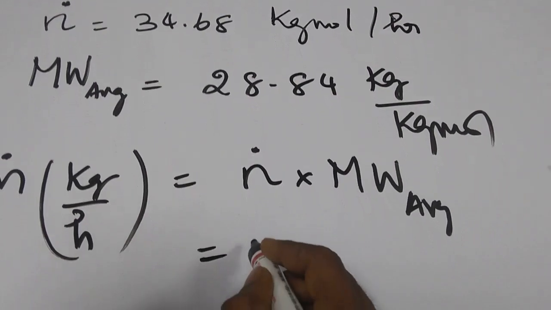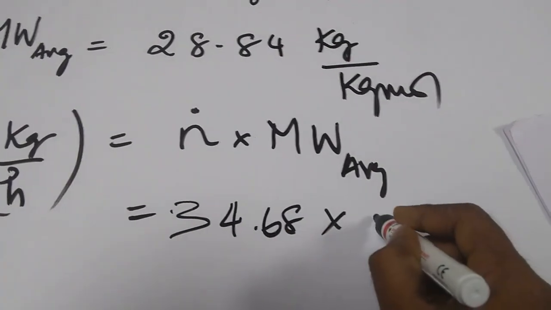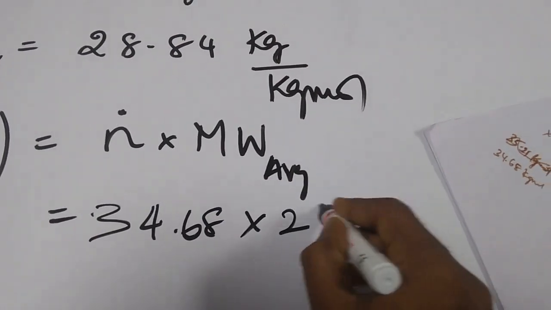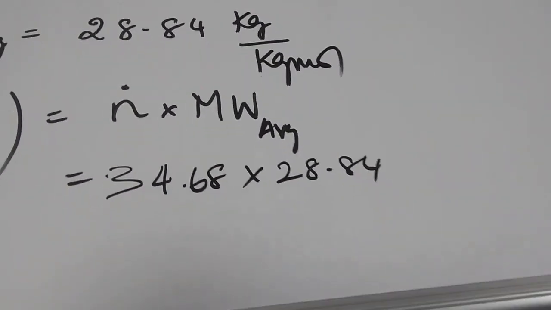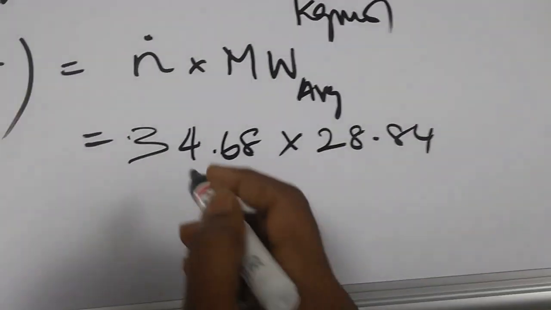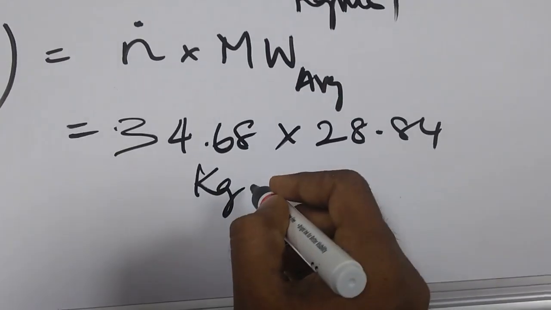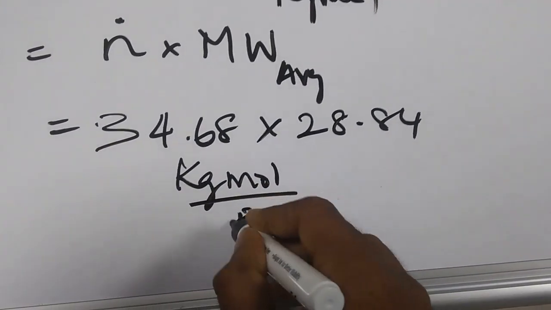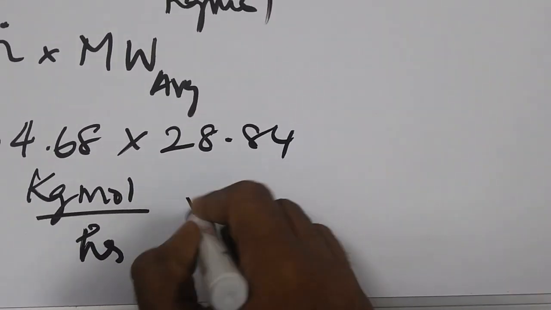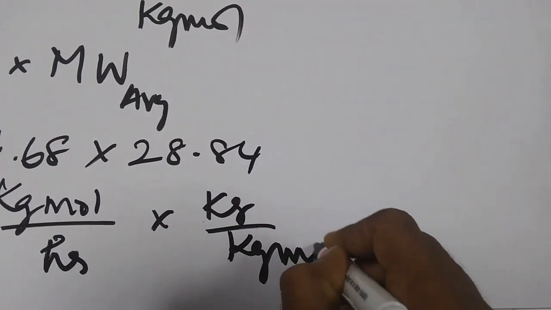So the value is 34.68 into 28.84. What is the unit of 34.68? It is kg mole per hour, multiplied by kg per kg mole.